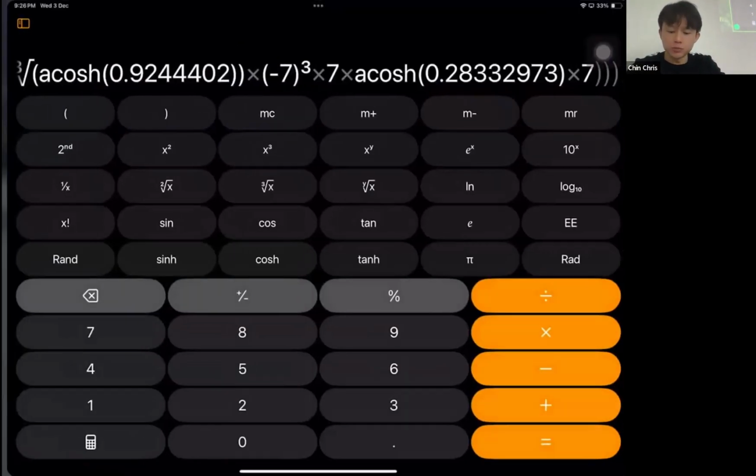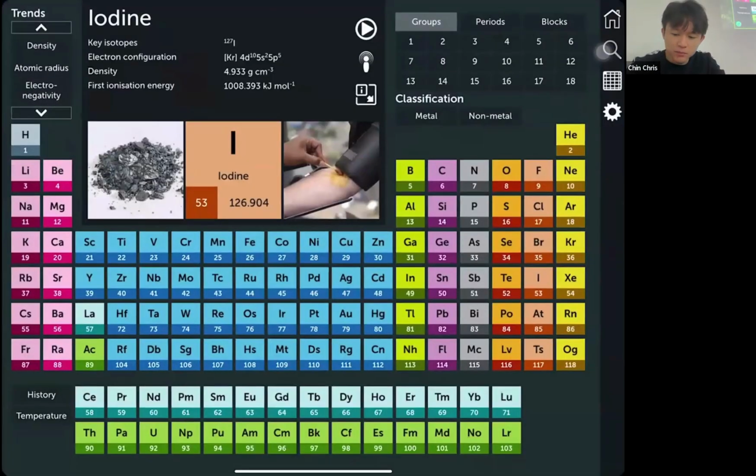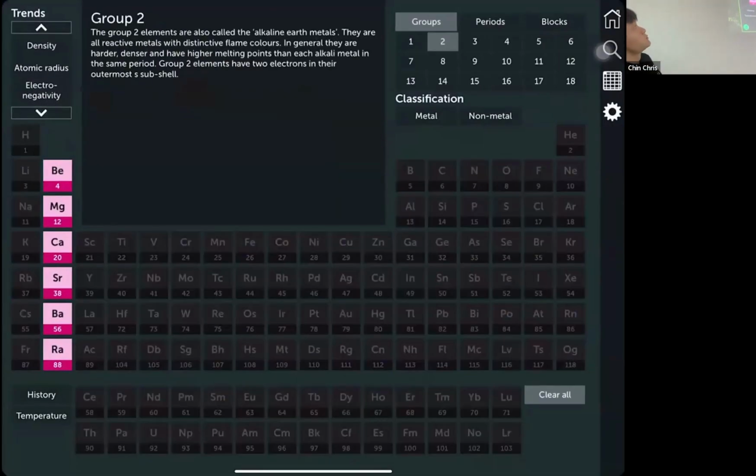Okay, I'll show you group 2. And you guys tell me the answer. The last one. Right, someone said the last one. The 88. Radium. Why?